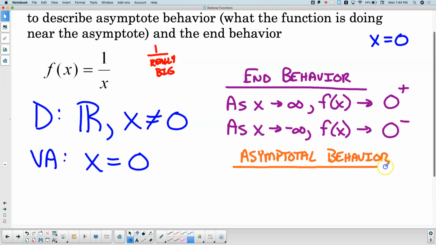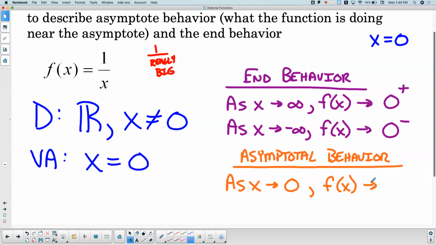So this is what my function is doing as it gets closer and closer to my asymptotes. So my asymptote is x equals 0. So now I would say as x approaches 0, what's my function doing?